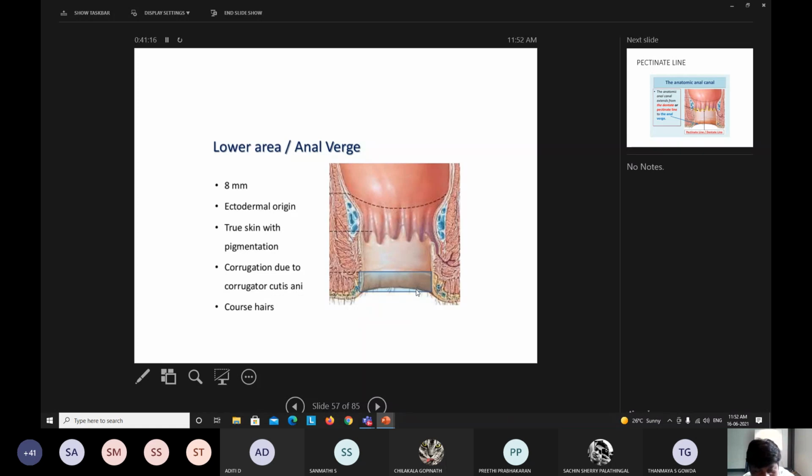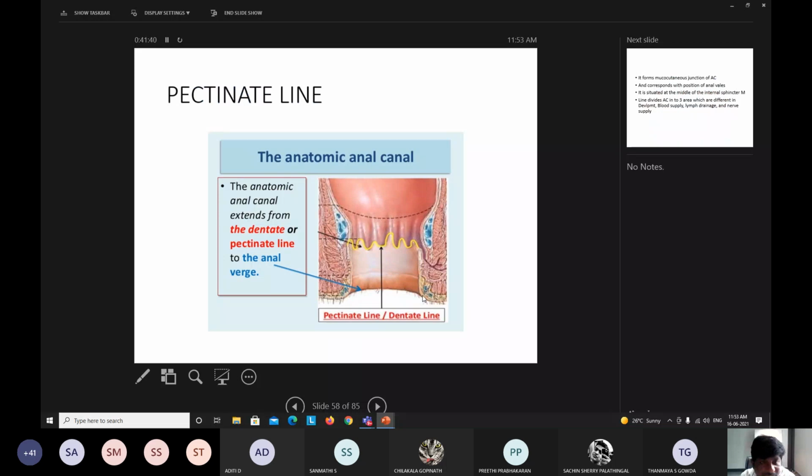The foldings are formed because of this one small muscle, called the corrugator cutis ani, which makes the foldings of the skin of the lower area of the anal canal. There are some coarse hairs on the exterior of the lower area.